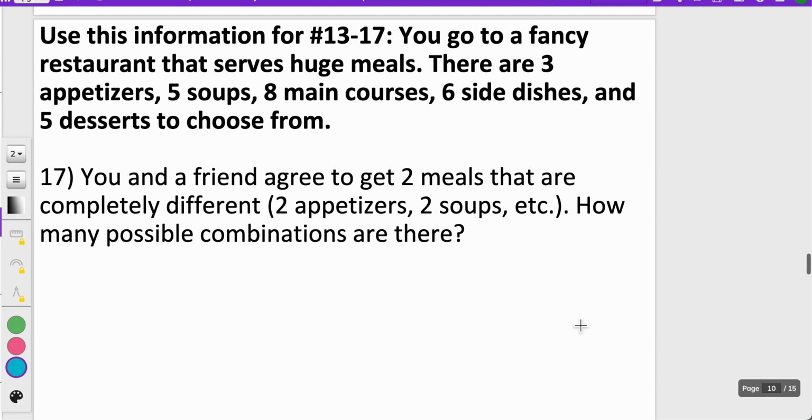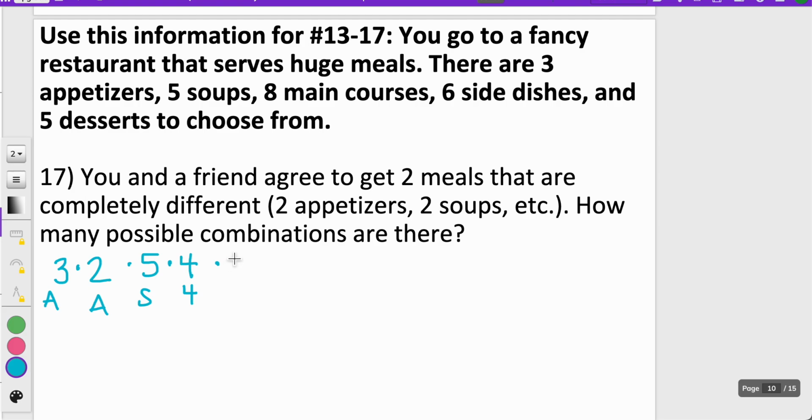Okay. And then 17, you and a friend agree to get 2 meals that are completely different: 2 appetizers, 2 soups, etc. How many different combos are that going to show? Well, I have 3 appetizers times 2. Then I have 5 soups times, or no, times 4, because they pick one and you pick another one, right?